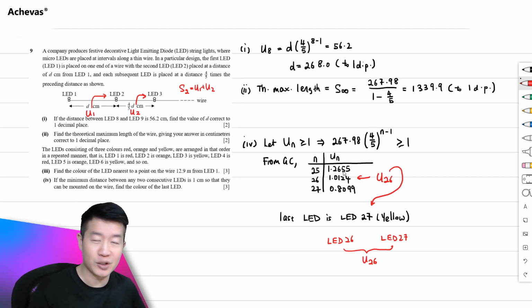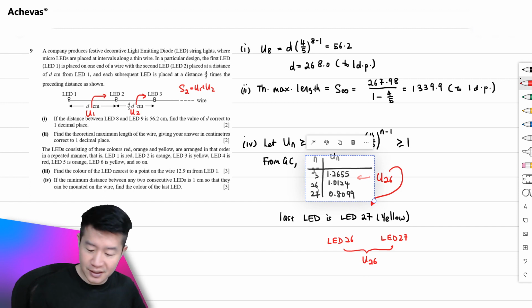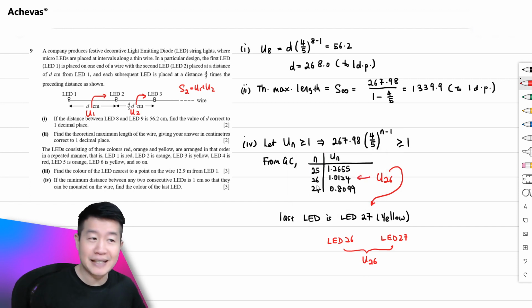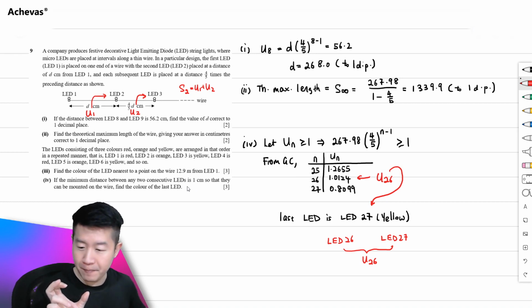You will just get shorter and shorter. And when we go for U27, which is the distance that is between LED 27 to 28, it is going to be less than 1 already. So the last distance cannot be U27. The last distance has to be U26, so that we can maintain the distance to be minimum 1 cm.